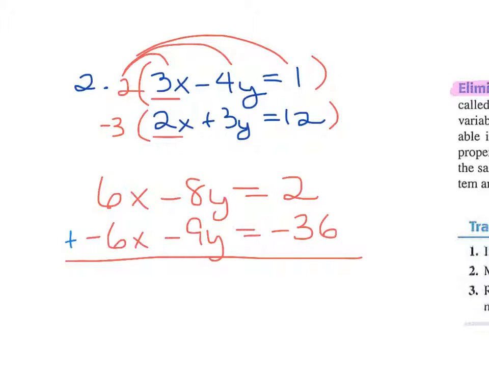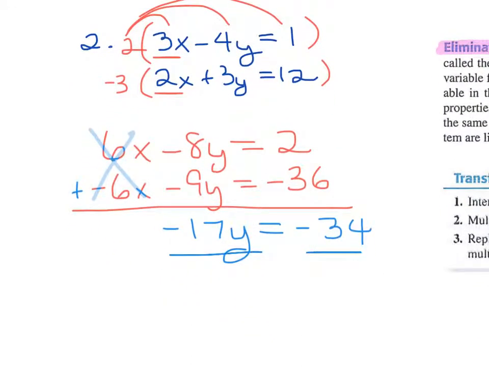Notice when I add 6 plus -6, the x cancels. I'm now going to add -8y plus -9y, and that gives me -17y. And then 2 plus -36, and now I'll divide by -17, and y equals 2.